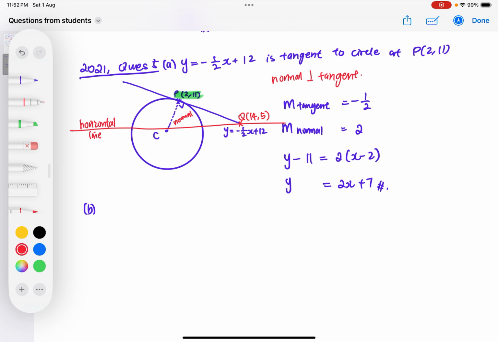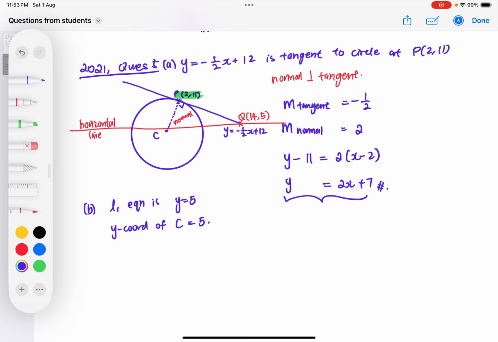Okay. Show that the center of the circle is at (-1, 5). Okay, so we know that this red line that I drew, its equation, L1, is y equals 5, and that means that the y coordinate of C is 5. So now we just have to find the x coordinate, and we already have the equation of the line that the center lies on, right?